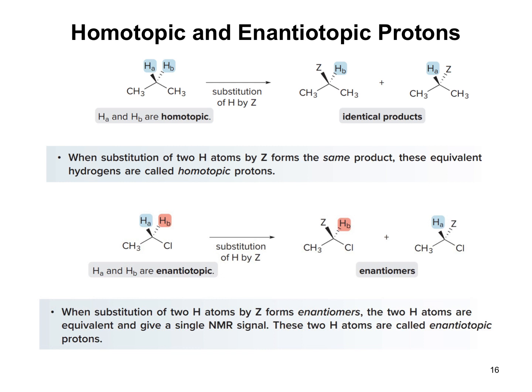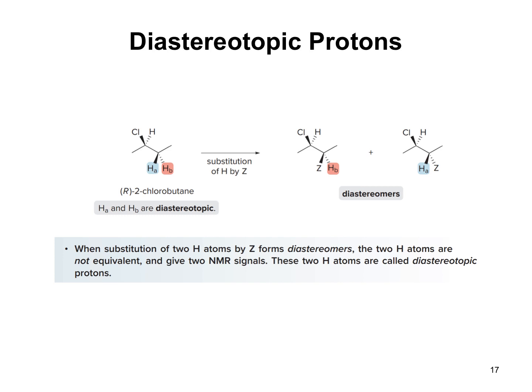And then when you substitute two hydrogen atoms with something more electronegative and they form diastereomers, those are called diastereotopic protons. So a few new descriptive words for protons in our NMR. So just these last few slides.